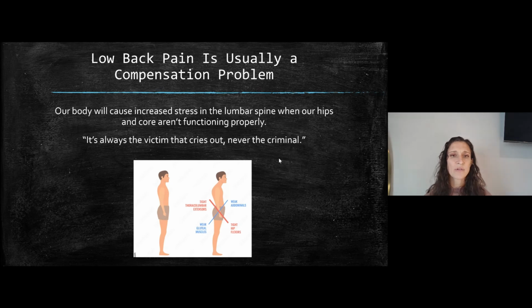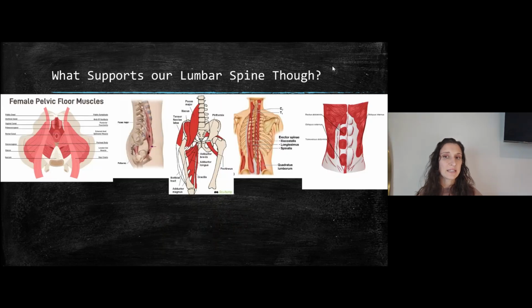There are so many other things that are supposed to support our lumbar spine, and those are typically the things that start to break down. These are things like your lumbar erector spinae, your QL, your transverse abdominis, the adductors, your hip muscles, your psoas, which I talk about all the time. If you only knew how many times I've had to tell a patient, look up the word psoas.